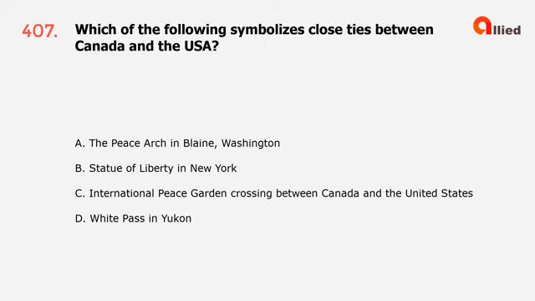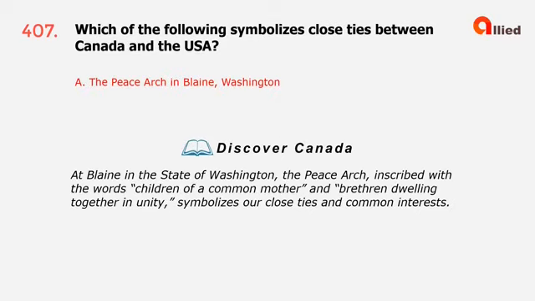Which of the following symbolizes close ties between Canada and the U.S.? A. The Peace Arch in Blaine, Washington. B. Statue of Liberty in New York. C. International Peace Garden crossing between Canada and the United States. D. White Pass in Yukon. The answer is A. The Peace Arch in Blaine, Washington.